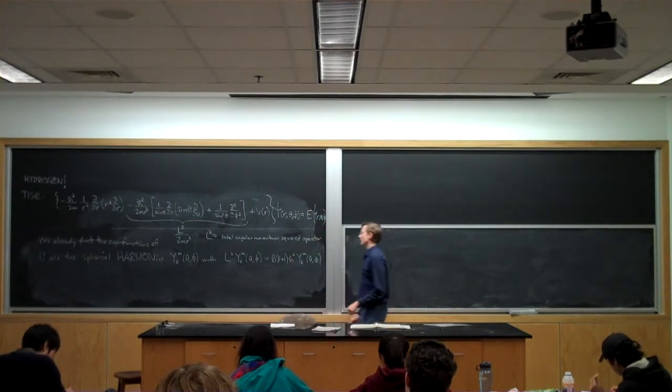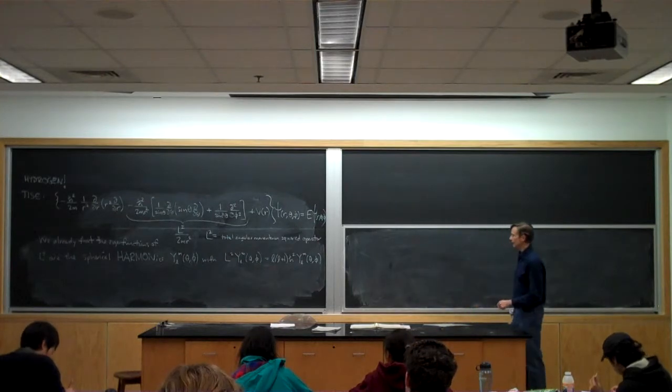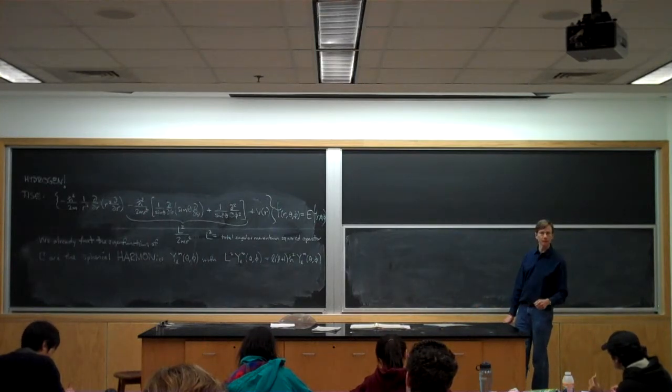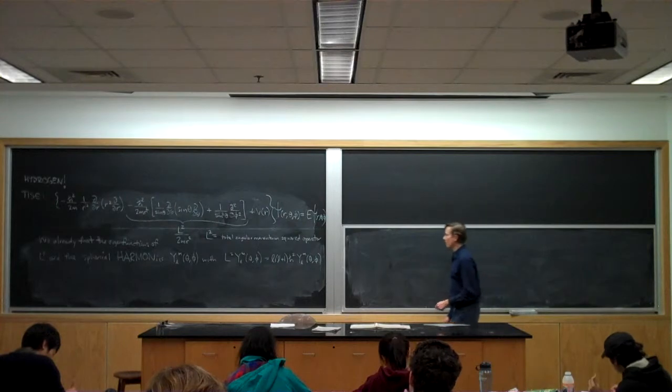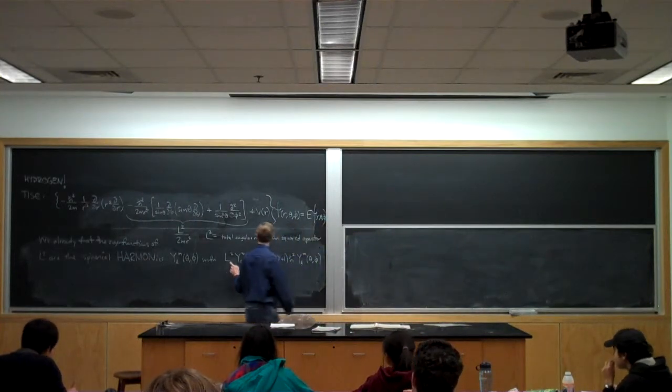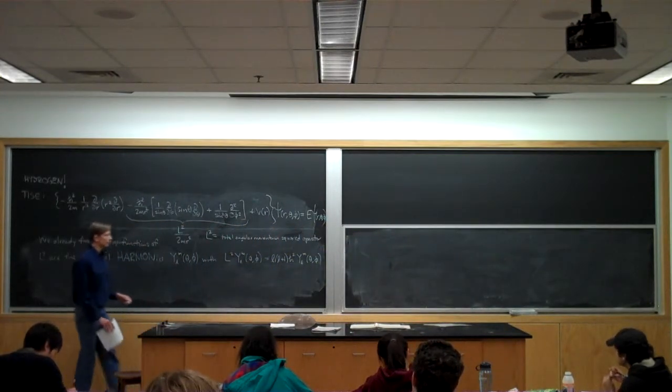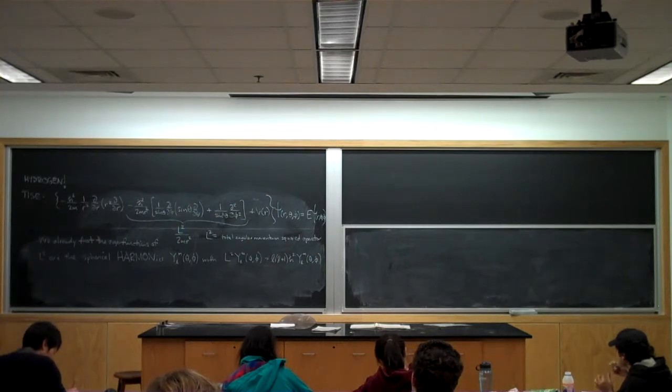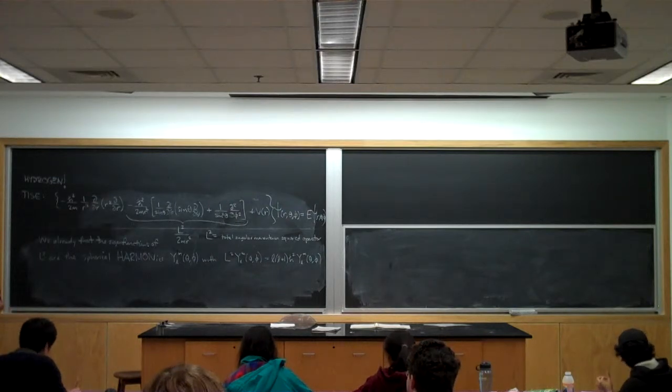If I hit Y_L^M with L squared, I get L(L+1) h bar squared back times the Y_L^M. So the eigenvalues of L squared are L(L+1) h bar squared, where L can be 0, or 1, or 2, or 3, or 4, or 5, any integer.